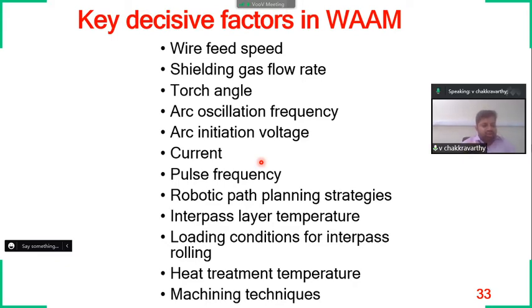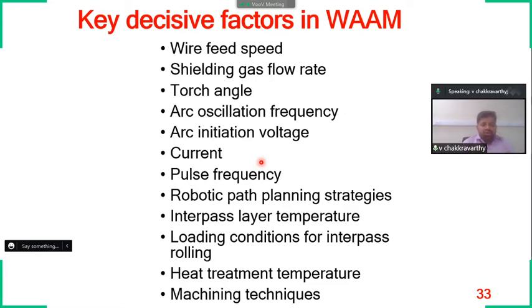Then the shielding gas flow rate. Why is it an important constraint? It is because in most cases, atmospheric gases may interact with the molten metal, which will result in discoloration. Discoloration means your metal will turn brown or black. Why does the discoloration happen?